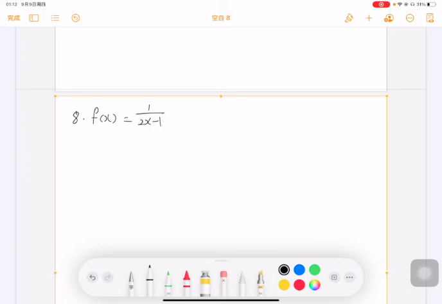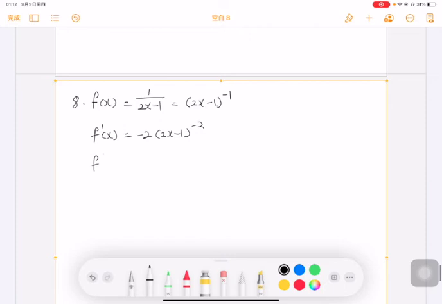Okay, so this is f of x, and then f prime of x, taking the derivative, let's write this as 2x minus 1 to the minus 1, and you get minus 2 times 2x minus 1 to the minus 2. Then f double prime, you get positive 4 times 2x minus 1 to the minus 3.